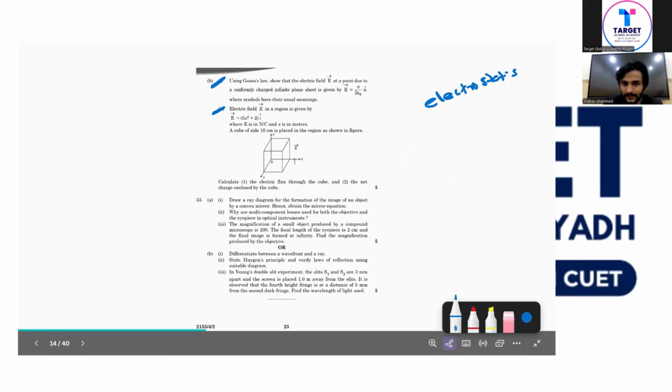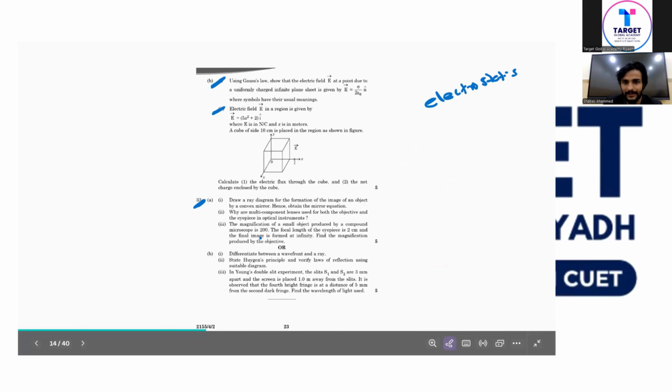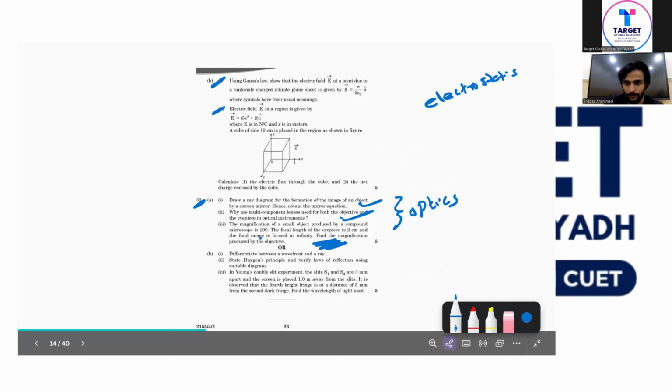Then the 33rd question: draw a ray diagram, just another theory question, and this is a numerical. This is from optics. This is from ray optics, and this is from wave optics.